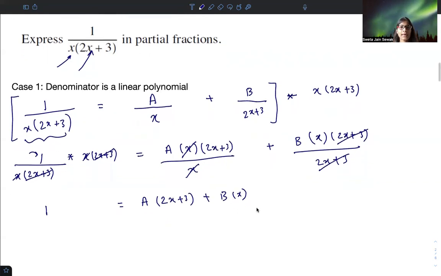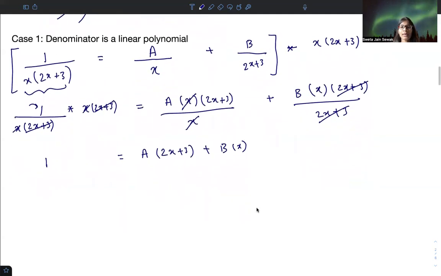Now we've got to find A and B. And we can find A and B by a very simple elimination. Think of what we can substitute for x on both sides so that either A or B will be eliminated one at a time. So let's say I substitute x equal to 0. My left-hand side is just a constant, so it stays as 1.